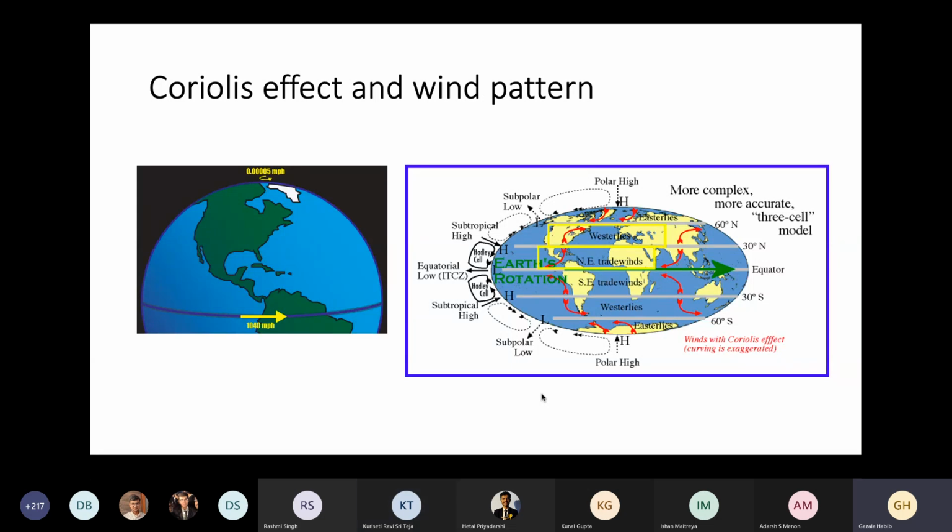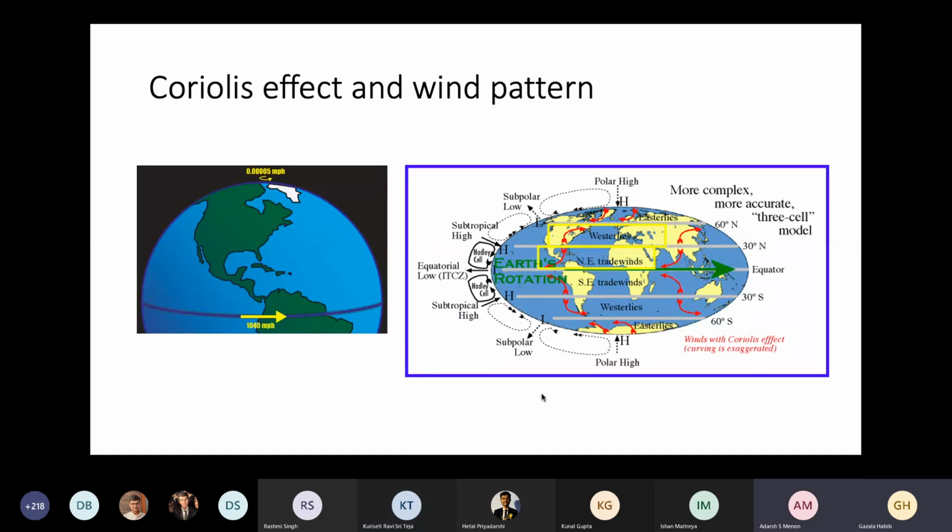So this pattern is actually an overall view of the wind pattern. But whenever the pressure in one continent or one region builds up, the wind will blow from that region towards the low pressure region.